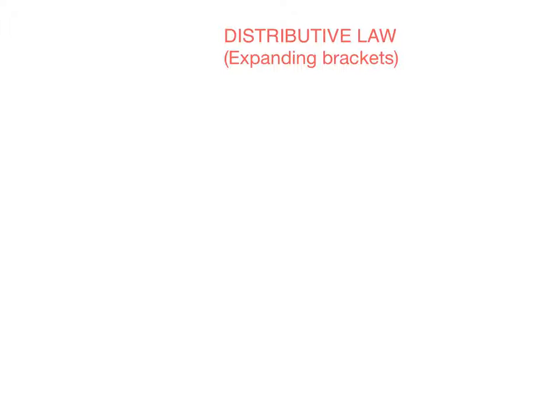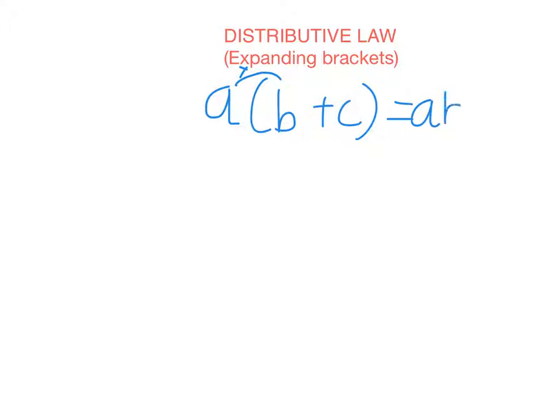The distributive law can be written in general terms like this. A outside of B plus C equals A times B, that's just AB, you know that from a previous lesson, and then A times C, again that's just AC, and then we put a plus in the middle because there's a plus there.